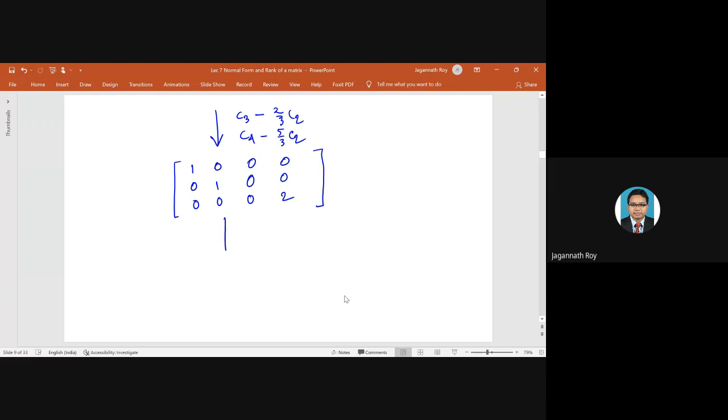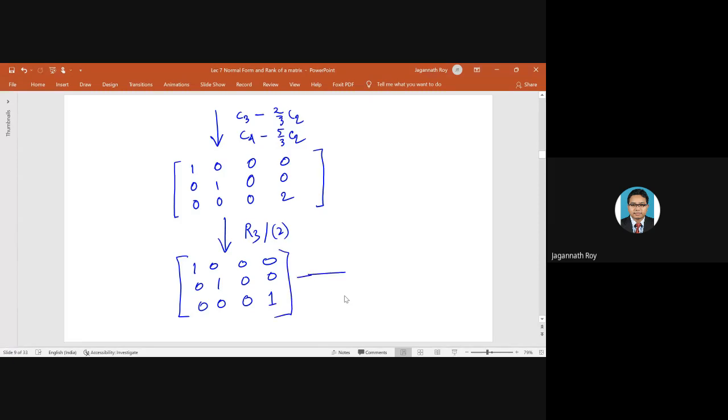Now if you just divide row 4 by 2. There is no row 4, there is only row 3, the last row. So what we do? 1, 0, 0, 0. 0, 1, 0, 0. And then 0, 0, 0, 2. We are dividing this row by 2, so this becomes 1.